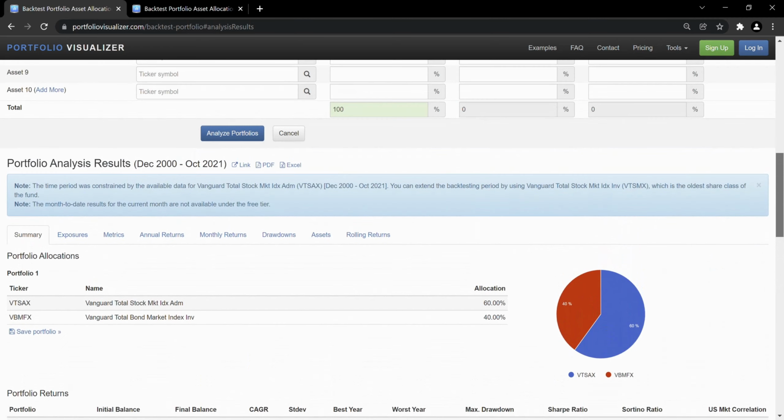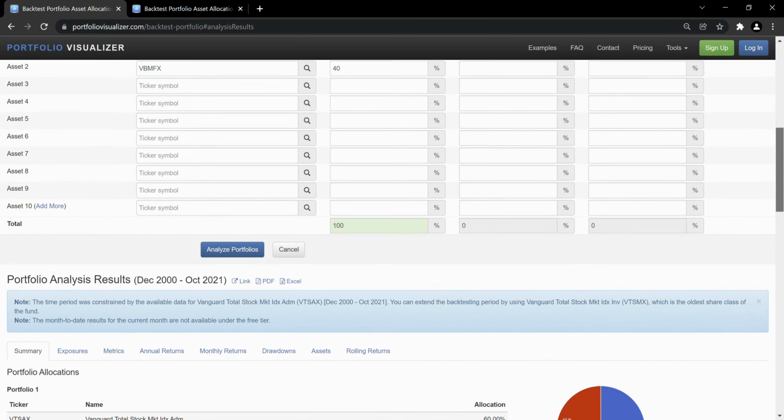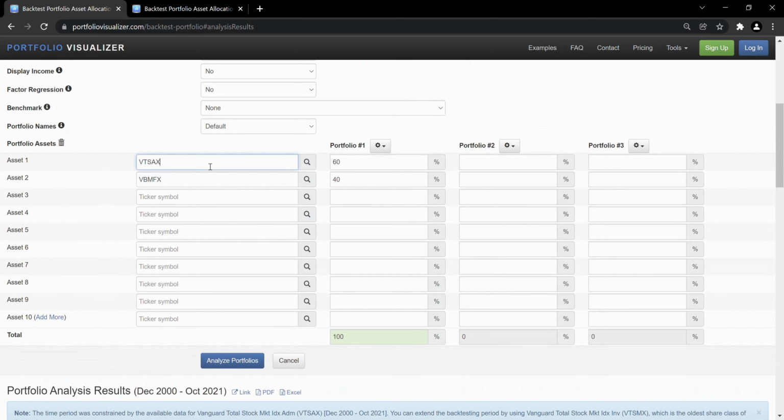But let's look at that again, because VTSAX is limited. It only goes back to December of 2000. But we can use this earlier version of the fund, VTSMX, the oldest version, and put that in there. VTSMX.